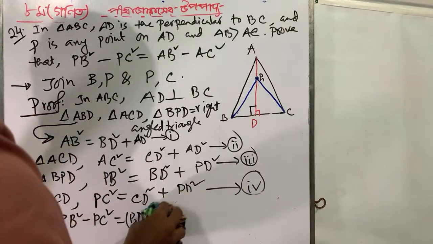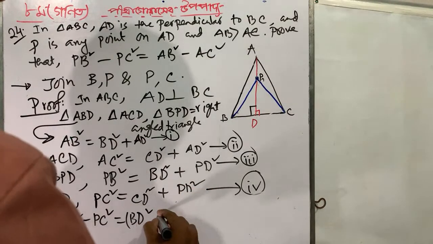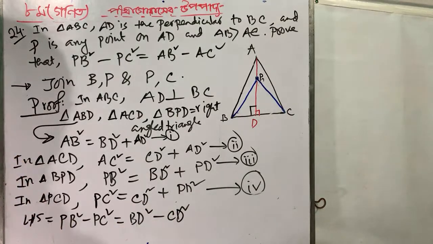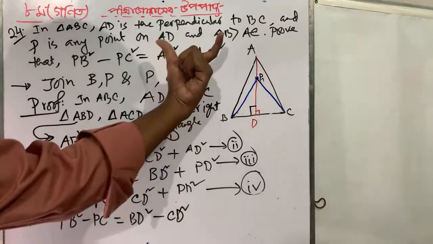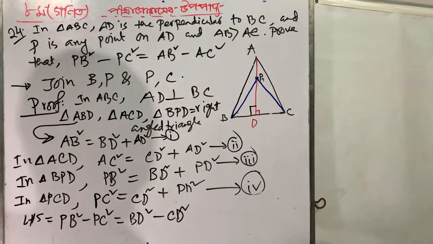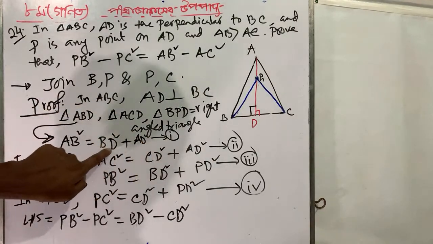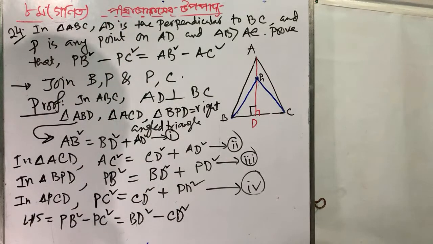We will have BD square minus CD square from here. So our left hand side is this, but our right hand side does not match. So we would have to use equation 1 and 2 in order for these two to match the right hand side.